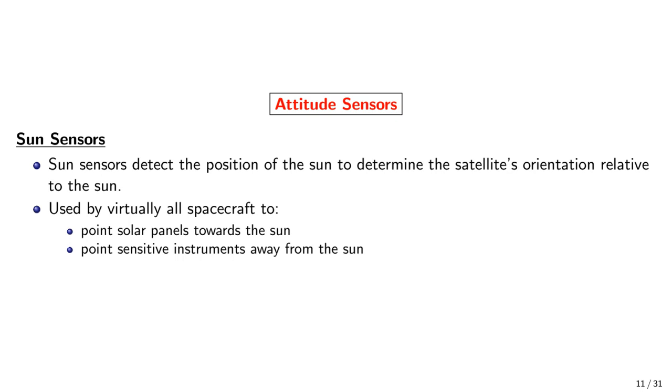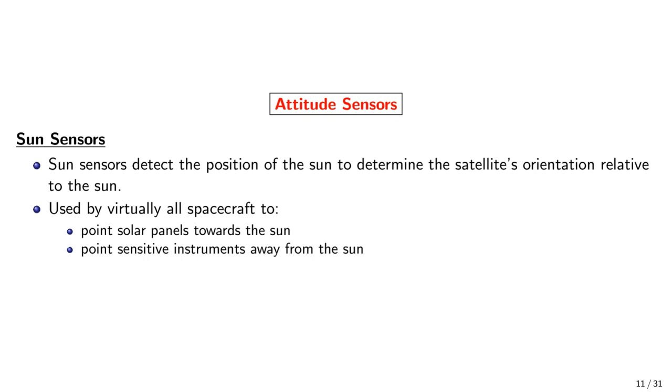Okay, and you can also use this to point sensitive instruments away from the sun. You don't want the effect of the sun on your instruments or devices in your spacecraft. You want to point them away from the sun if they can be damaged.